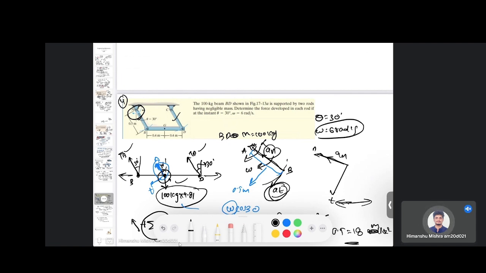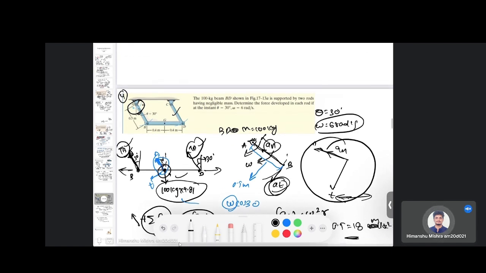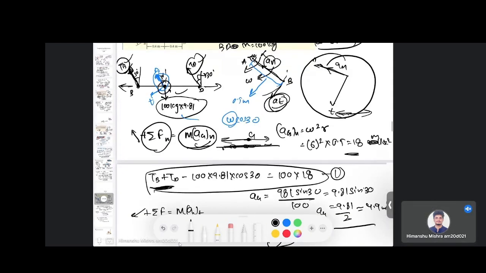Instead, we defined the tangential and normal directions here. The normal direction is along this force TB, so we don't need to take components when we define the force along the normal direction, because we can directly write TB plus TD. So the mathematics will be easy, and the equation simplifies when you define it in this coordinate system.